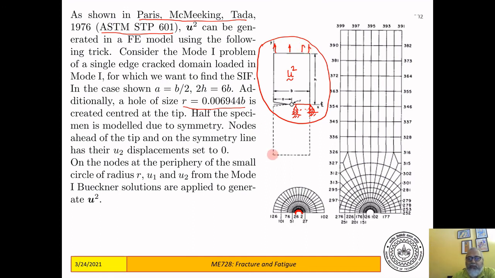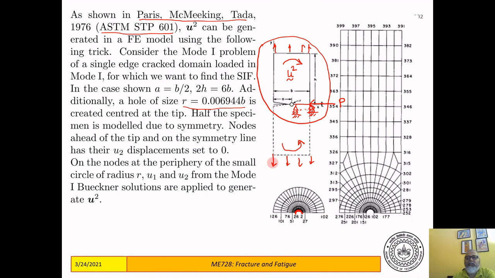One scenario could be where you apply equivalent symmetric loads at the two ends. This is a mode 1 case. Another mode 1 case could be where you apply a point load at the middle. Another mode 1 case could be where you apply moments at the two ends.